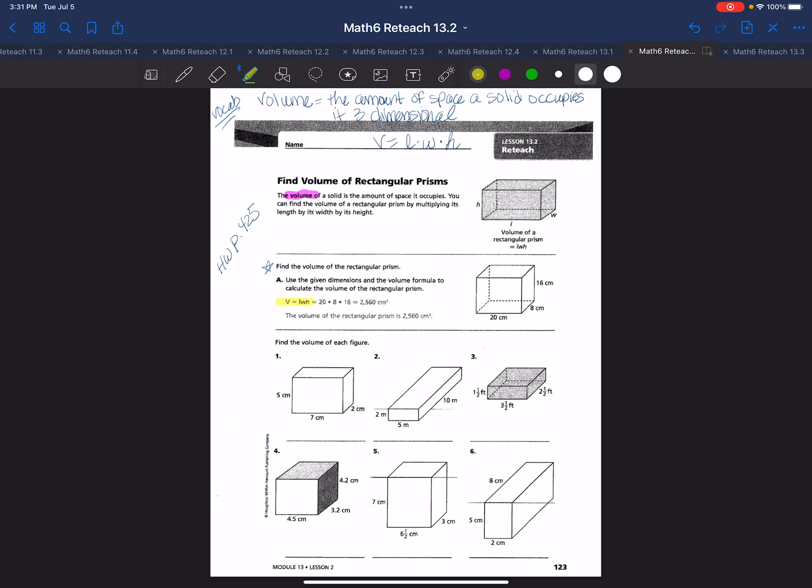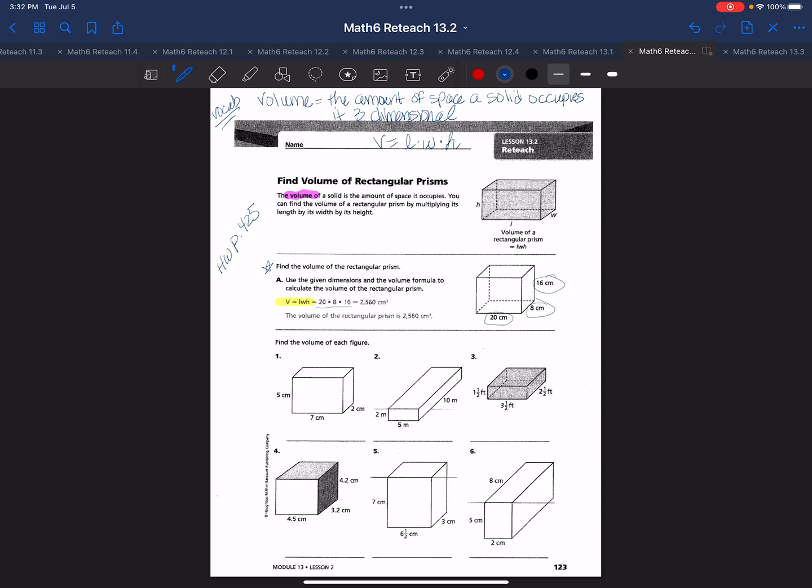Length times width times height. So we go ahead and do 20 times 8 times 16, and we get 2,560 centimeters cubed. The volume of the rectangular prism is 2,560 centimeters cubed.